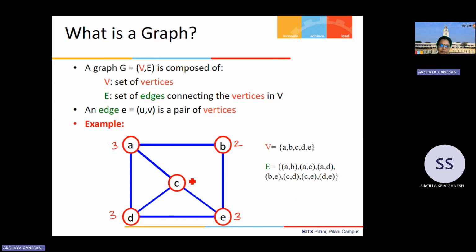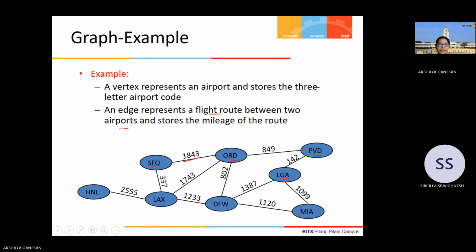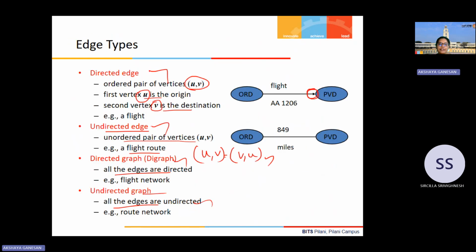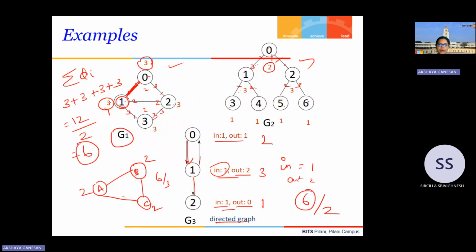So 3 plus 3, 6, 12, 14. 14 by 2, 7. So let us count: 1, 2, 3, 4, 5, 6, 7. 7 edges are there. So any graph you see, it will almost be the same.